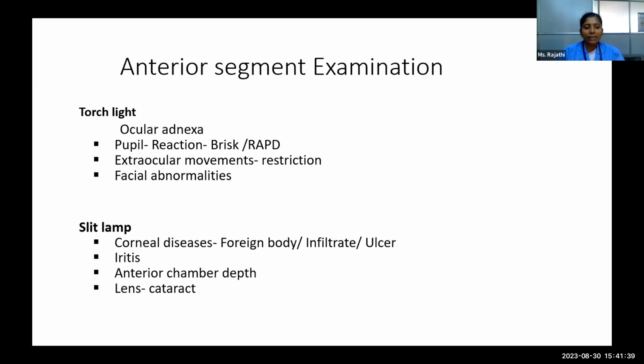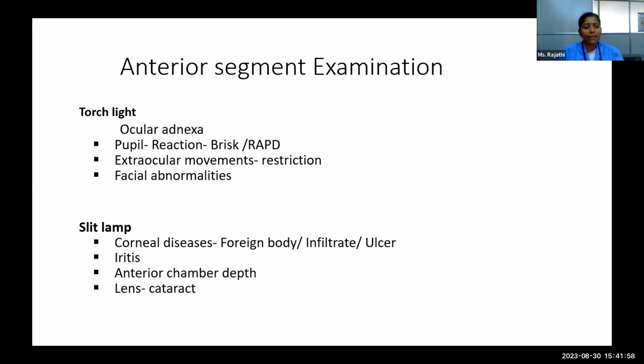If we are not looking for these things with the help of torchlight, we are going to miss these findings. So we have to check the facial abnormality with the help of torchlight.